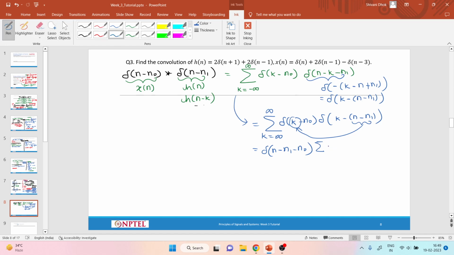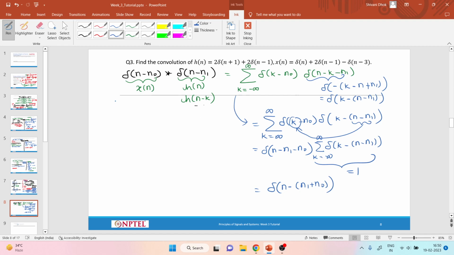So this is basically summation delta k minus n minus n1, k running from minus infinity to infinity, and this will be equal to 1. So the convolution is again one impulse, but now it is located at n1 plus n0 location.